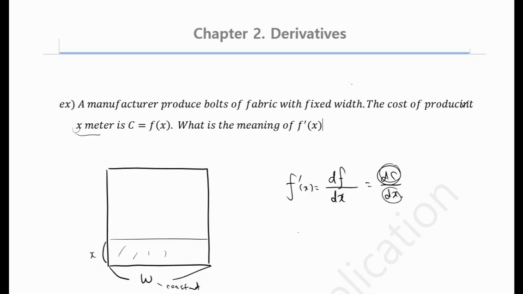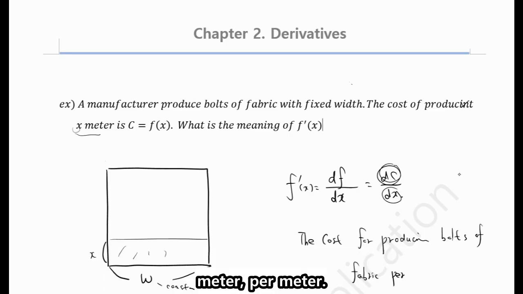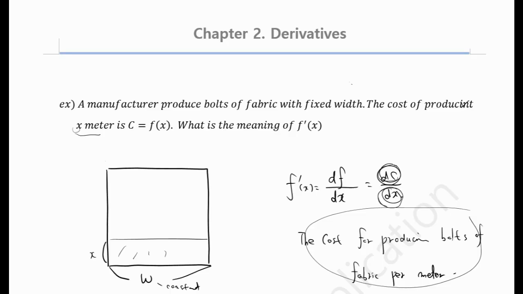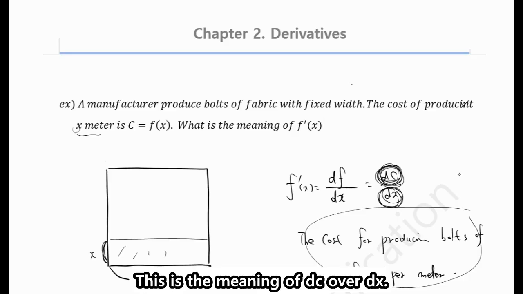It means the cost for producing the fabric per meter. This is the meaning of dC over dx. How much cost is there per this unit of length? This is the meaning of dC over dx.